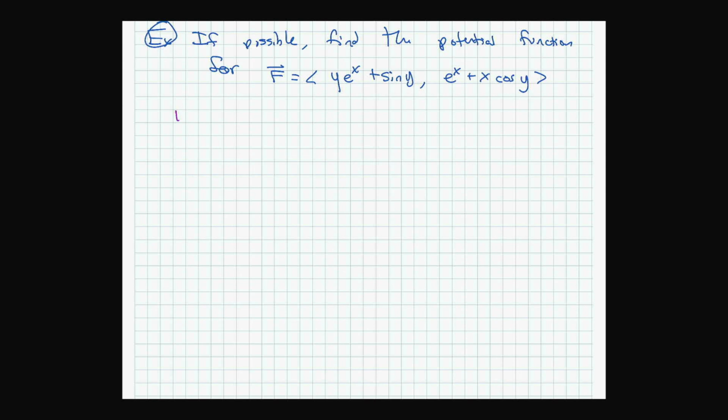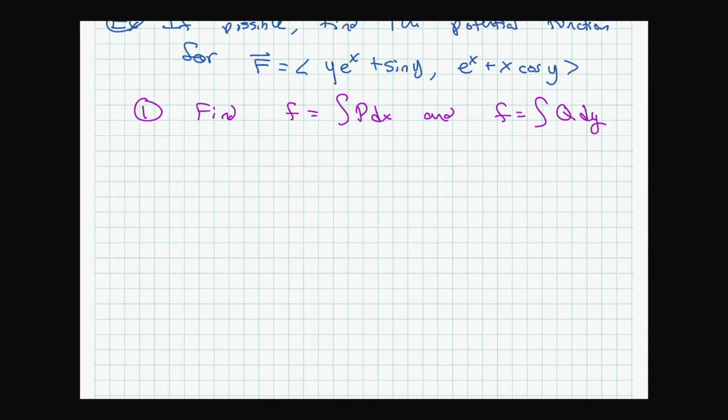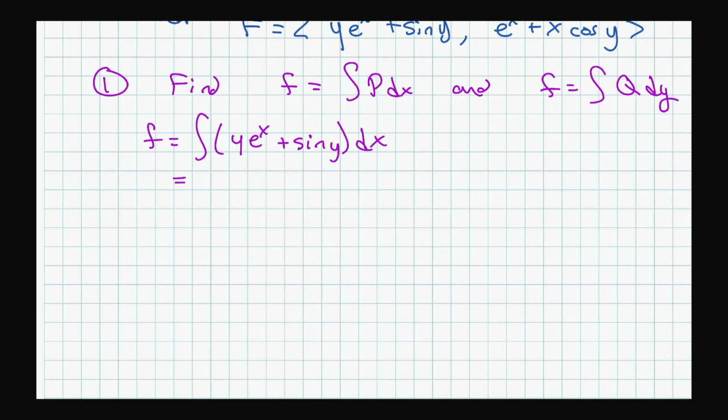So what we're going to do is find f, which should be the integral of p dx, and f, which should also be the integral of q dy. So we'll do those. So f should be the integral of y e to the x plus sine y with respect to x. So we just do this integral with respect to x.